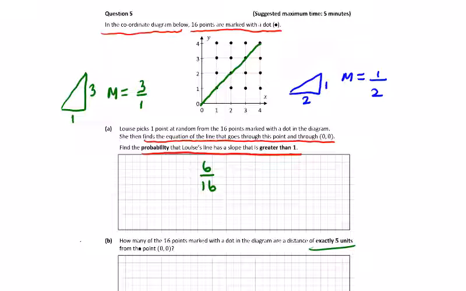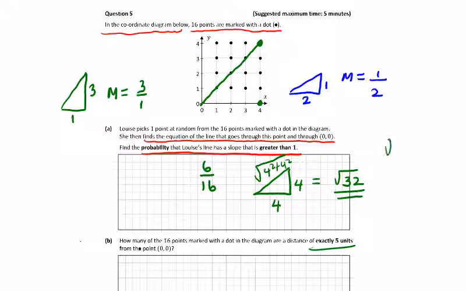I've gone out 4 and up 4 to the point (4, 4). So the diagonal is the square root of 4 squared plus 4 squared, which is equal to the square root of 32, which is above 5. The square root of 25 is 5, and the square root of 36 is 6.